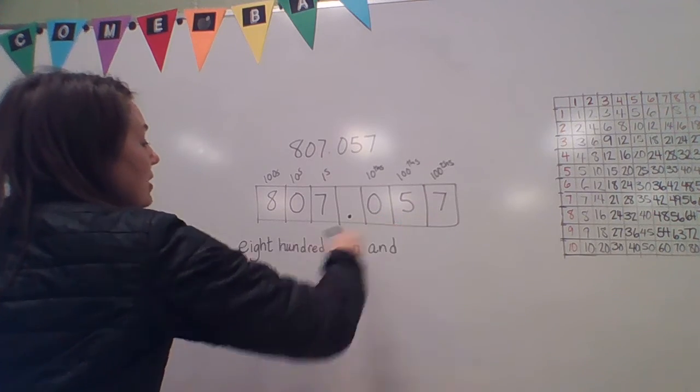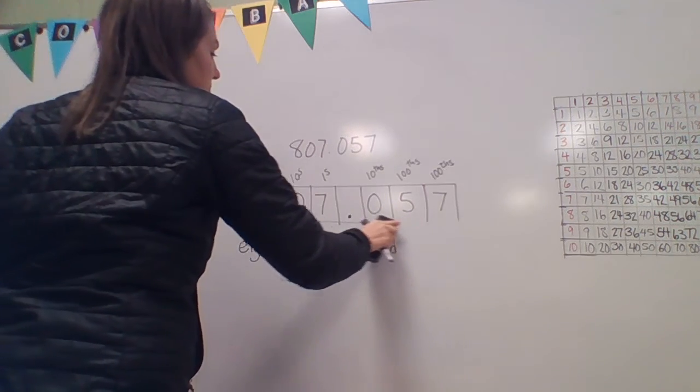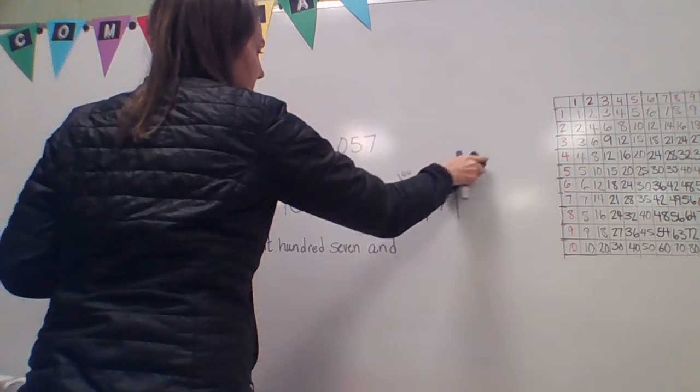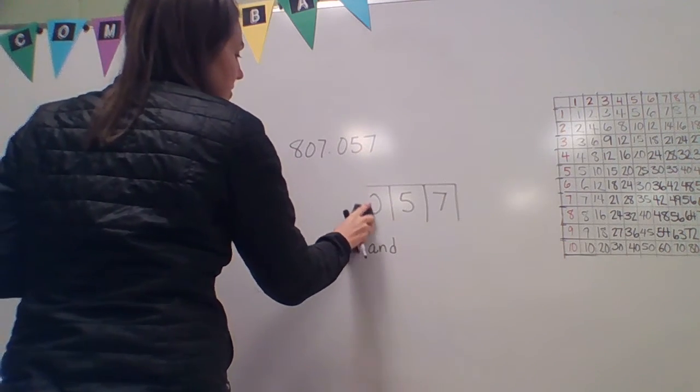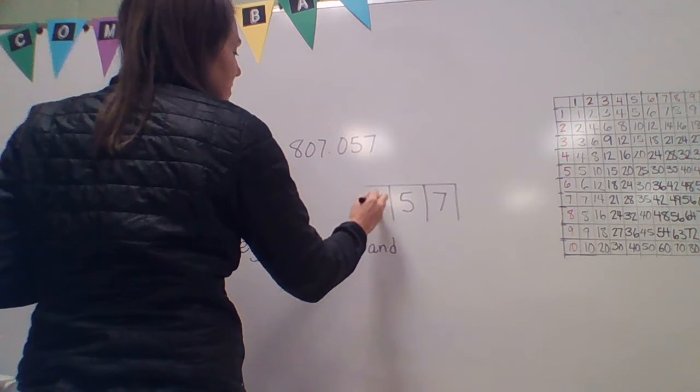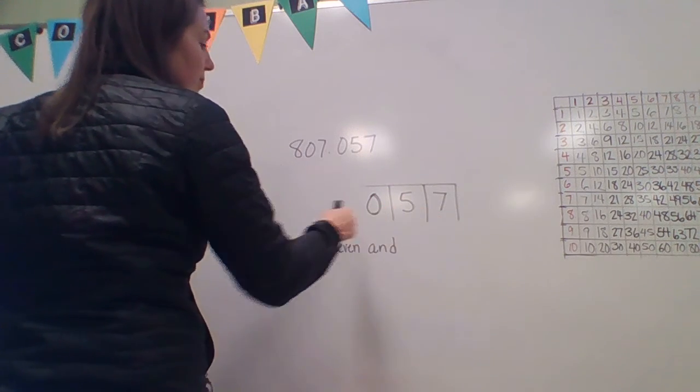Now, if I ignore everything else, I have the 7 in my thousandths place, that's the last place value.